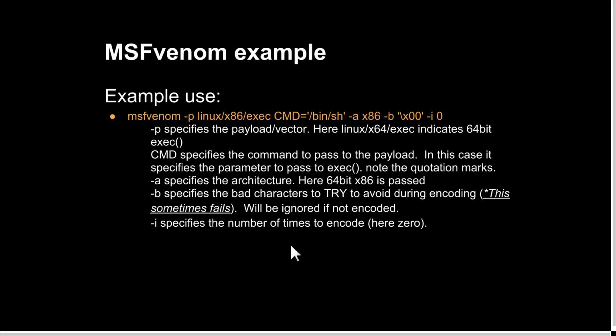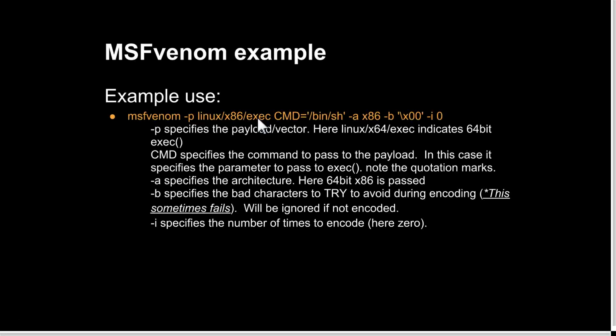There are a number of important flags, and I have an example command here. Essentially the payload or vector is denoted with -p, and what follows it is some sort of feature on that architecture that allows you to execute custom commands.